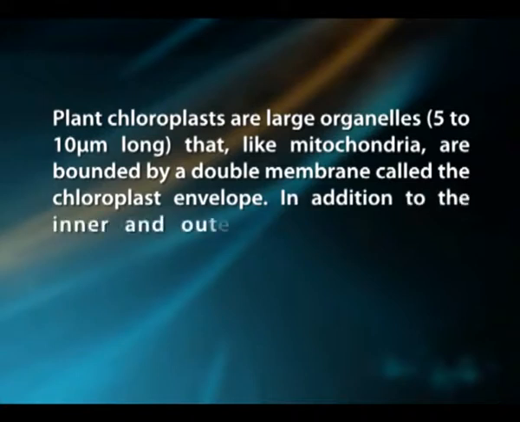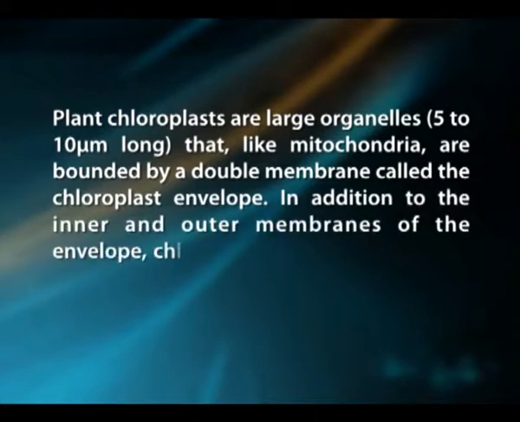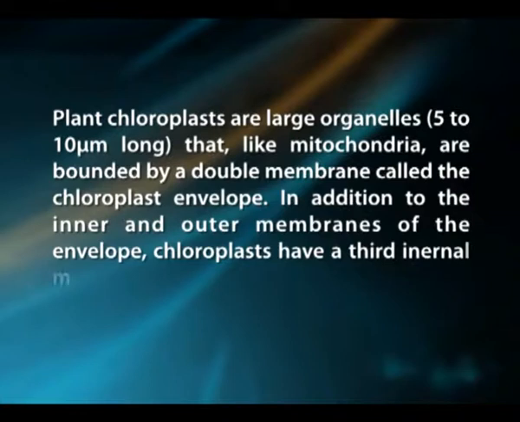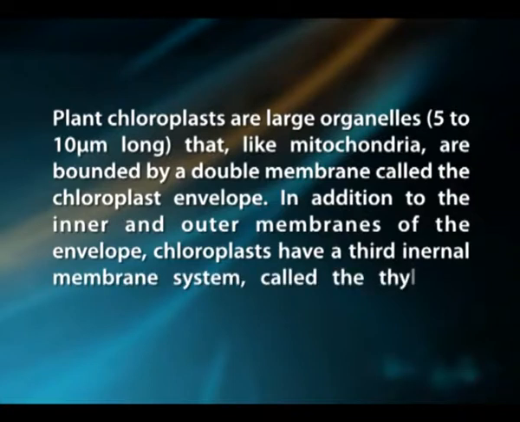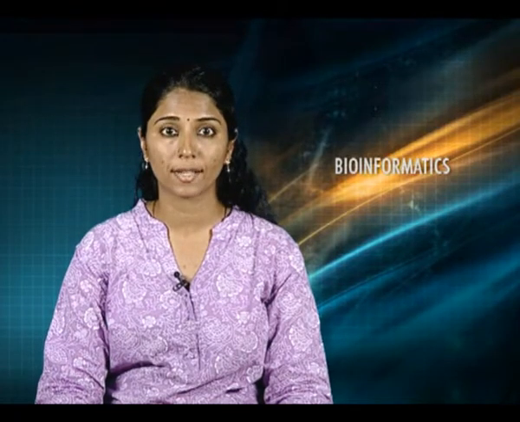In addition to the inner and outer membranes of the envelope, chloroplasts have a third internal membrane system called the thylakoid membrane. The thylakoid membrane forms a network of flattened discs called thylakoids, which are frequently arranged in stacks called grana. Because of this three membrane structure, the internal organization of chloroplasts is more complex than that of mitochondria.